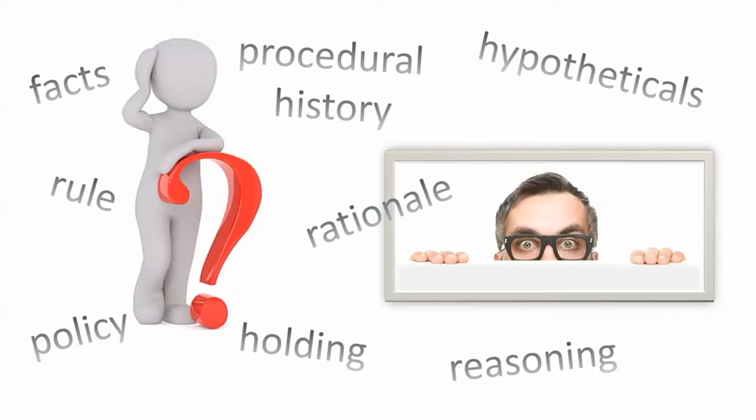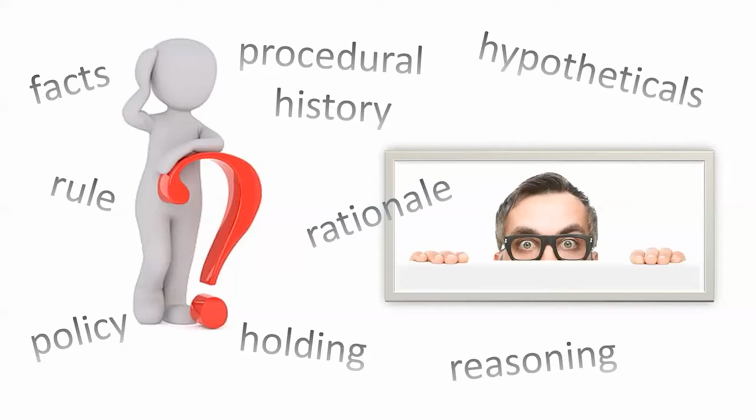What's the procedural history in this decision? What rationale did the court use? What was the reasoning the court gave in reaching its decision? What was the decision? What was the holding? What's the policy or the reason for the rule in this case? And what is the rule itself? What can we take away from this case that we could use in other cases with similar facts?